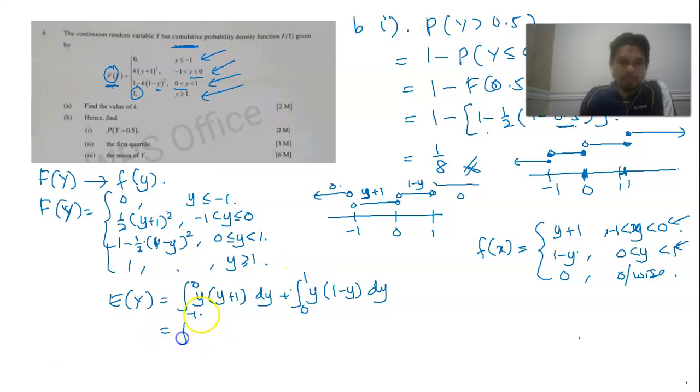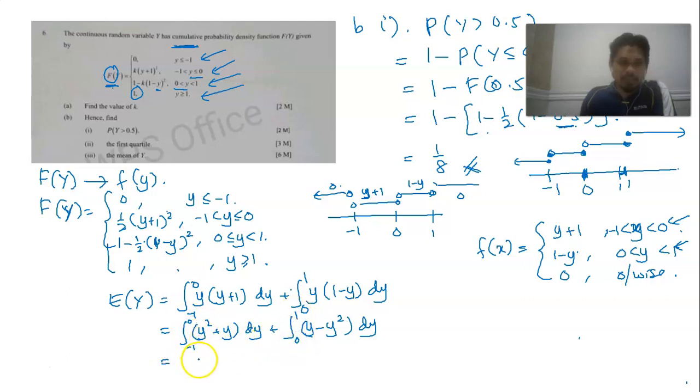Okay, so integral of y square plus y dy plus integral of y minus y square dy, from negative 1 until 0, from 0 until 1.